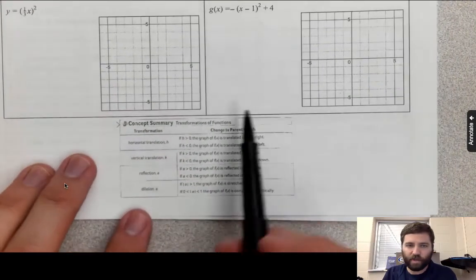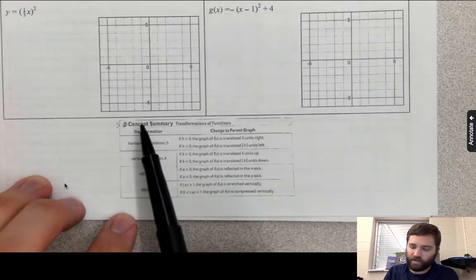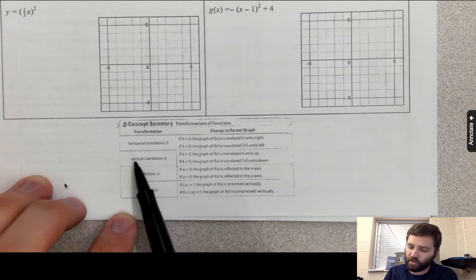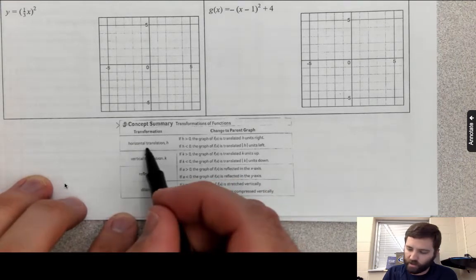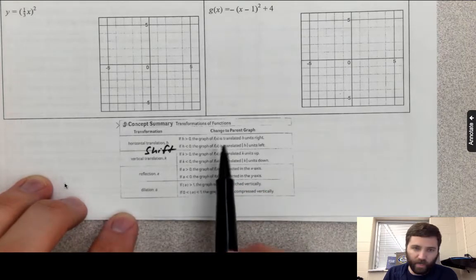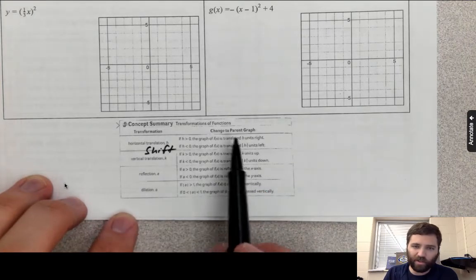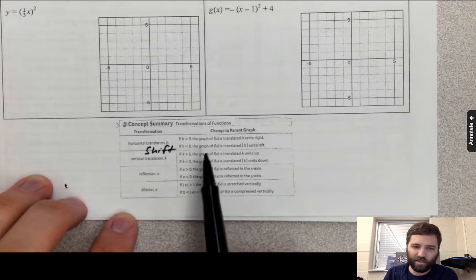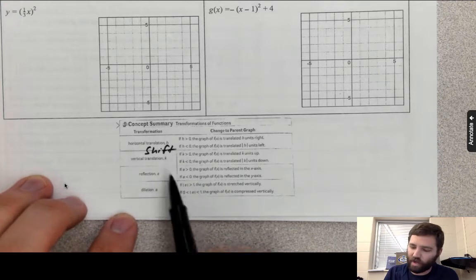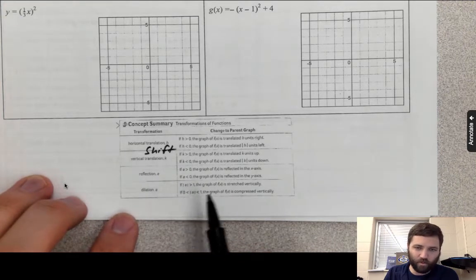I should say real quick before we get too much further here, this box down here has the vocabulary for it. So you can say horizontal translation, vertical translation, or like I said, shift is fine instead. It's shorter to say. There's some function notation stuff in here. I don't think you really need to pay too much attention to this. I think just doing some of them and getting used to how the function changes is the best thing to do.